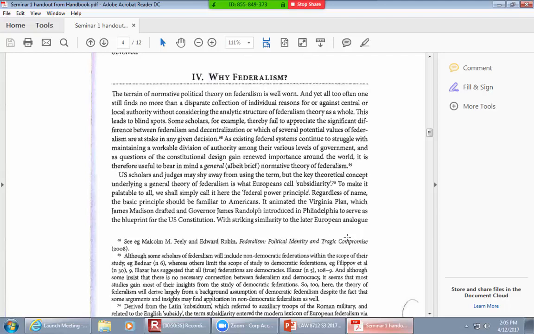And there's your explanation of where the word subsidium comes from and what it refers to previously. This is the footnote 70. And the key point there as well is that it says that this term subsidiarity entered our modern lexicon through the Catholic Church.